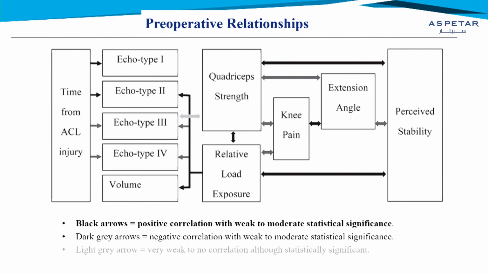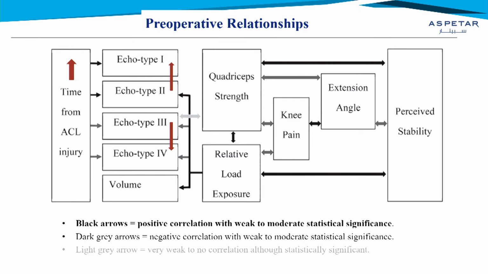Regarding the relationships between the tendon quality, the quadriceps strength, and pain, we observed very weak to moderate statistical relevance, but we can see, from our experience in the clinical setting, that with a longer time from the injury, the tendon looked a bit better.